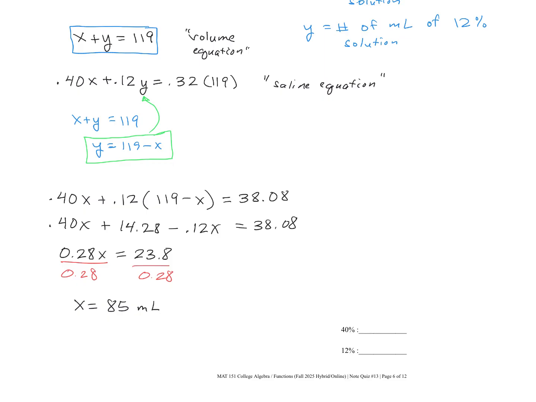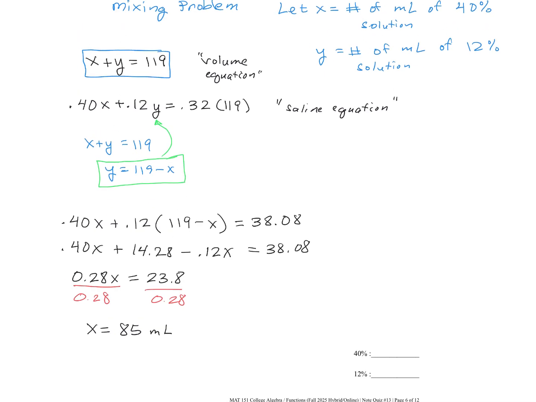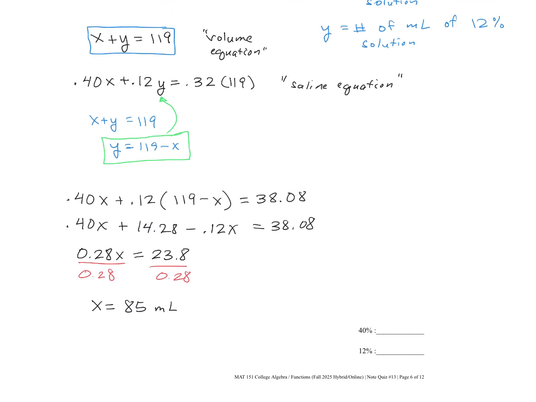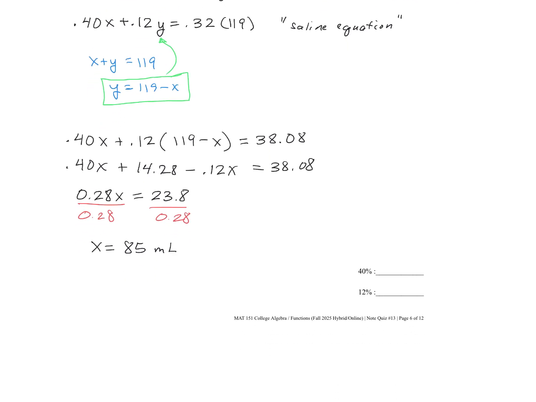We can now go back to any of the equations above to get the y. I'm going to pick the easy one, the one in the green box. Again, y is equal to 119 minus x, so y is 119 minus 85, which ends up being 34 milliliters.